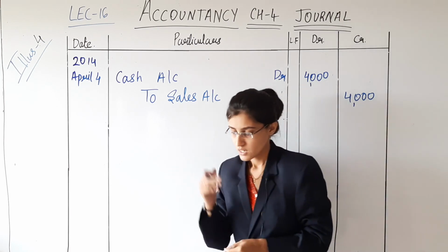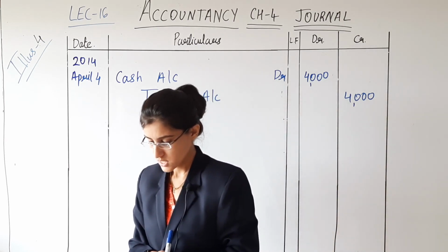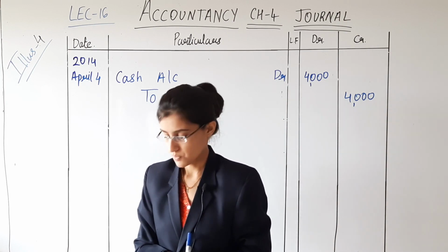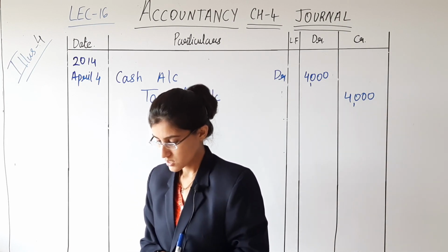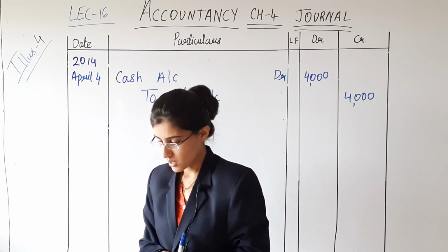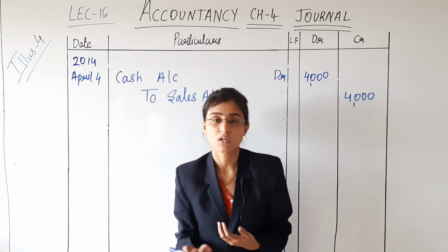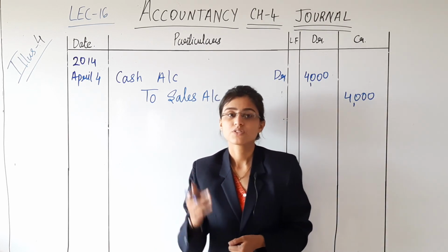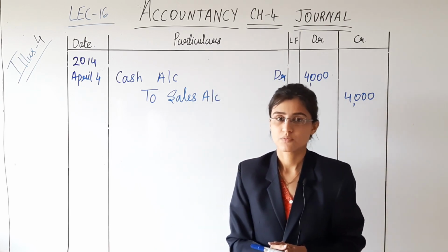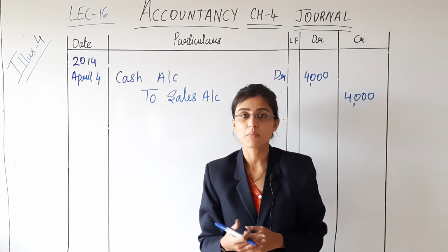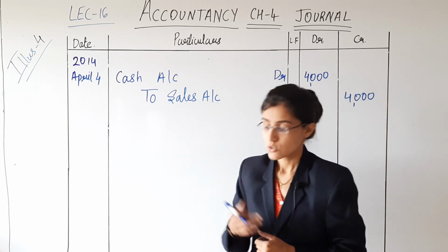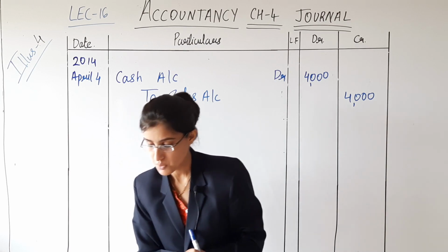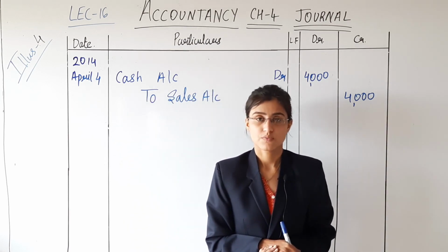Alright. Next, 6th of April, goods purchased from Rishikesh of rupees 8,000 and paid half amount in cash. This is something different and something interesting. Purchased goods from Rishikesh, paid half of the amount in cash. Goods are of rupees 8,000 and only half amount has been paid in cash.